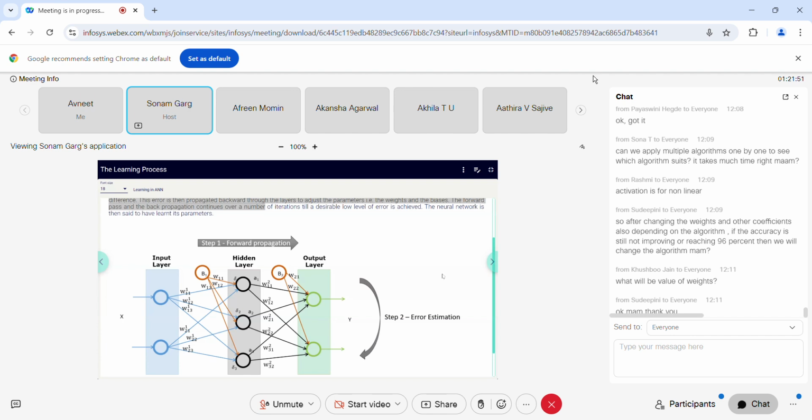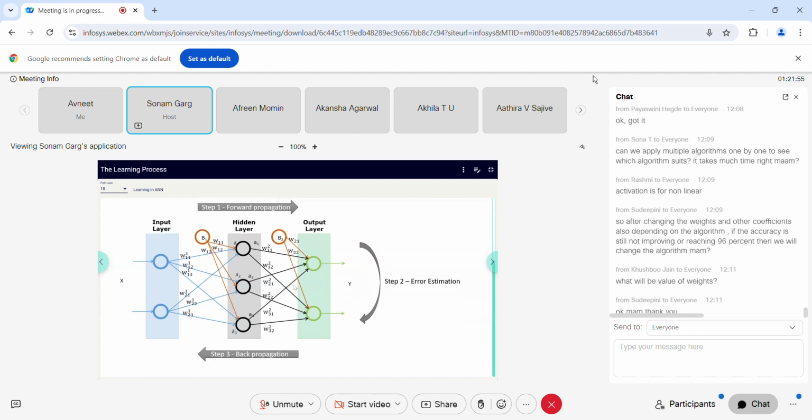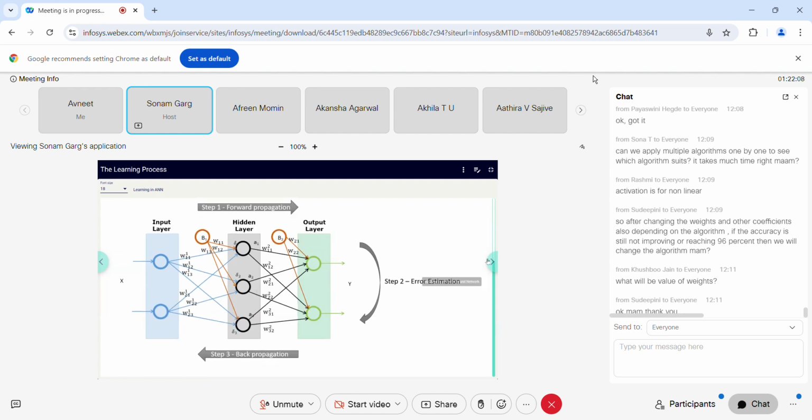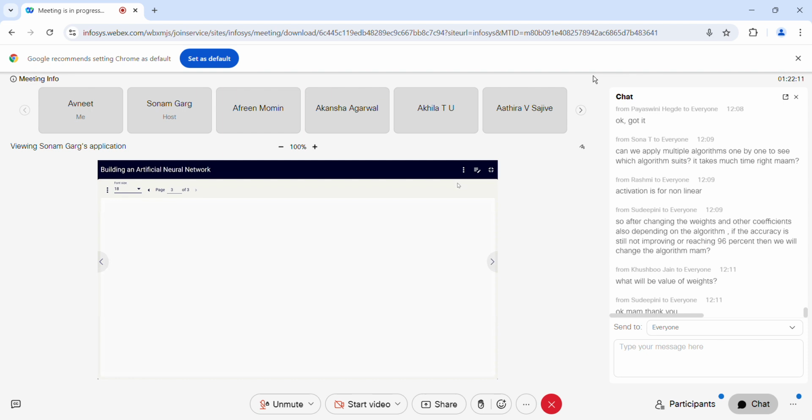Finally, the output layer predicts something. Then in back propagation, you go back and propagate the errors. These errors are fed back to the system so that the weights can be readjusted. Same thing which we talked about earlier.